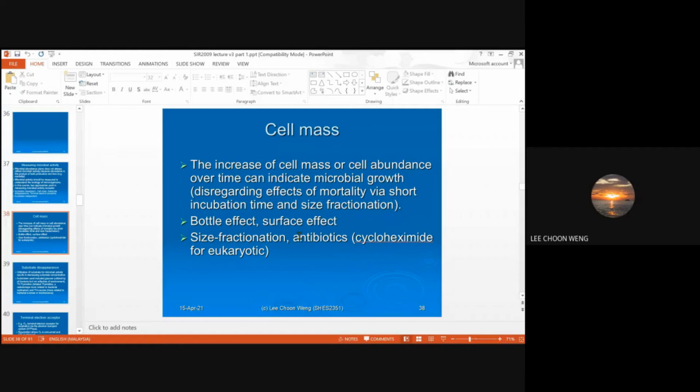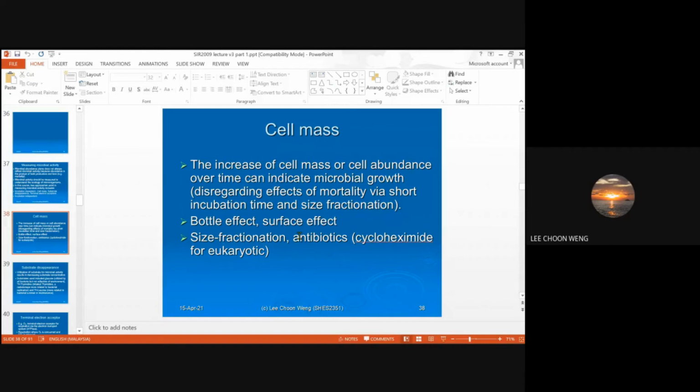But imagine if you are in a temperate country, doing experiments during winter, you may need 2 to 3 days of incubation before you can get a significant change in the bacterial abundance. So it is not practical to carry out an incubation so long, more than 2 to 3 days.